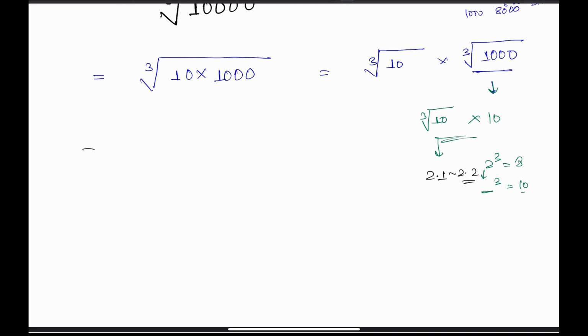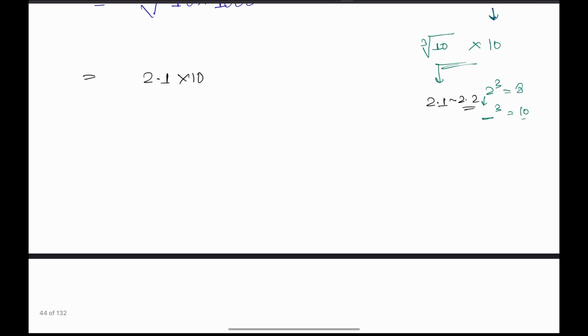If we take 2.1, then it will be 2.1 into 10, so the real value would be approximately 21. This is how this type of question works. If we find the exact value with the help of a calculator, it will come around 21.54.